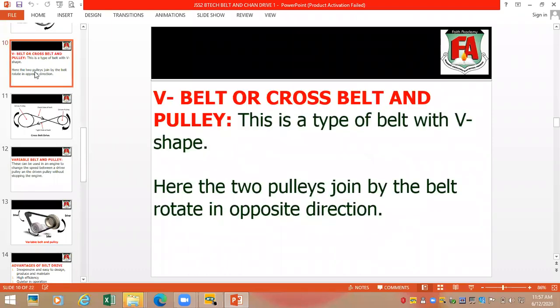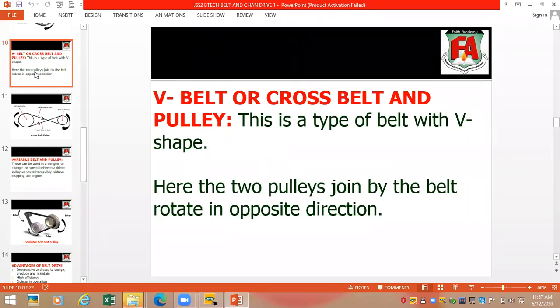Okay. The next one is V-belt or cross belt and pulley. This is a type of belt with V shape.